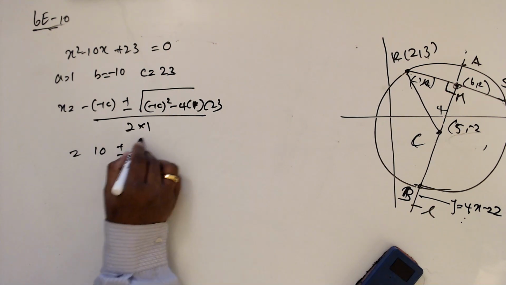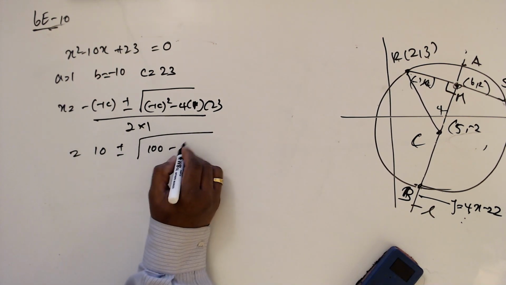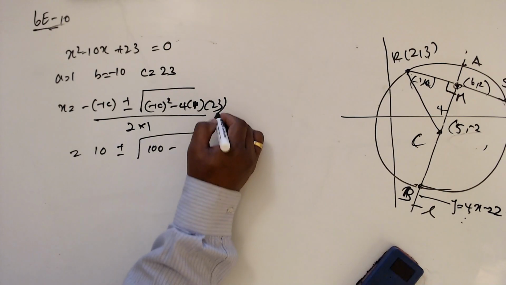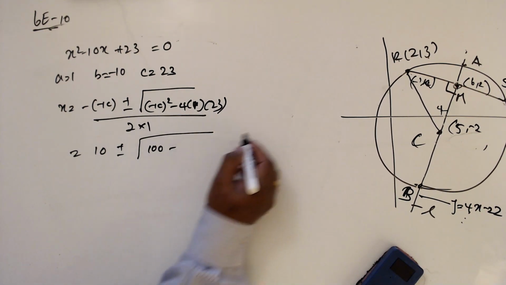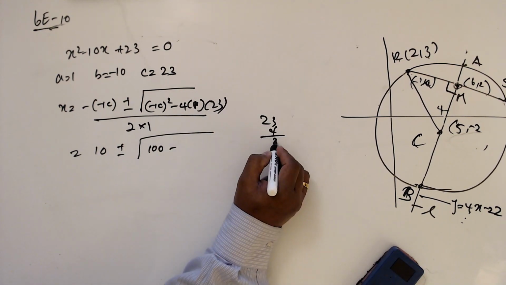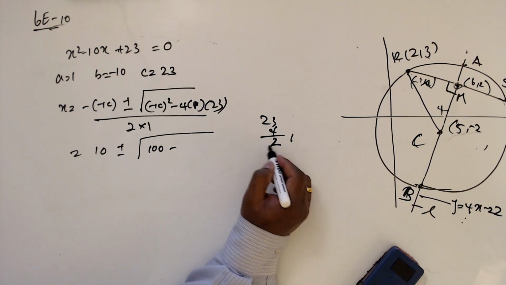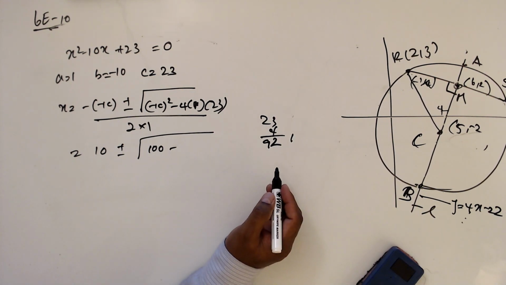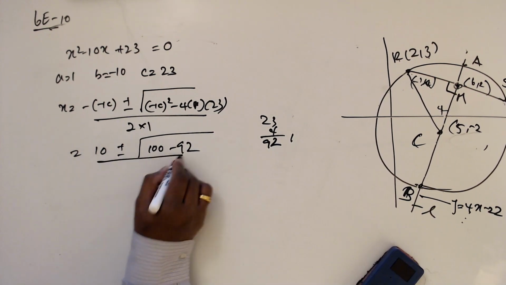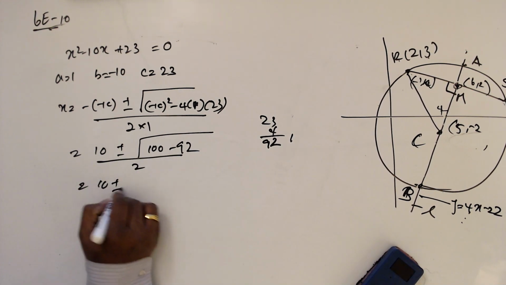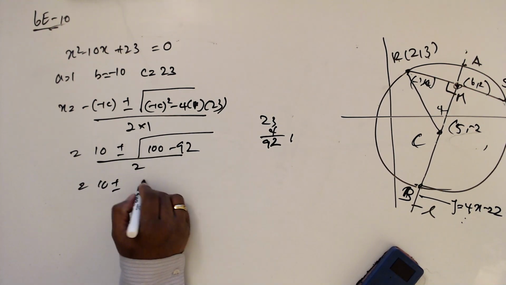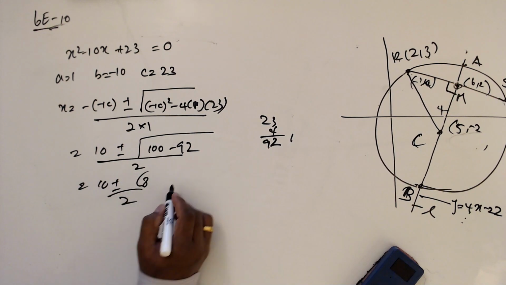So 10 plus or minus the square root of 100 minus 92, over 2. 10 plus or minus the square root of 8 over 2.